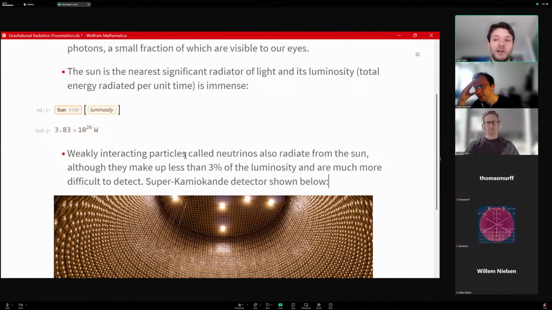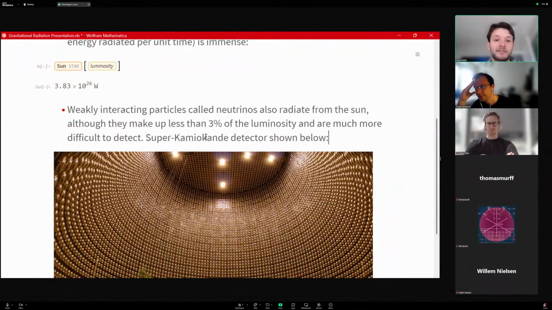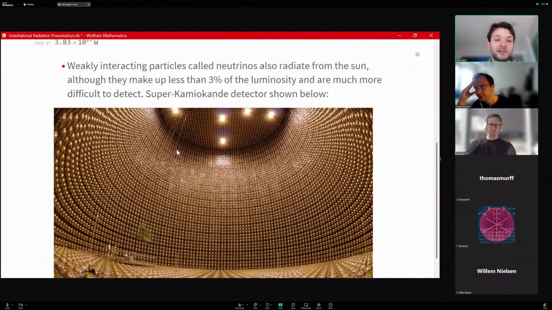So just to give you an idea of how difficult these are to detect, this is a picture of the Super Kamiokande Observatory neutrino detector. These neutrinos can only be detected through their interaction with matter. So what they do is they cover the walls, the floor, and the ceiling of this chamber, which is about 100 feet tall by 100 feet wide.